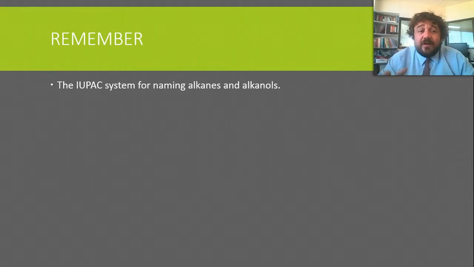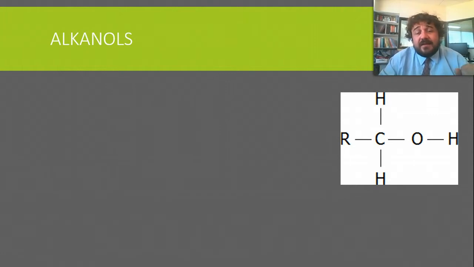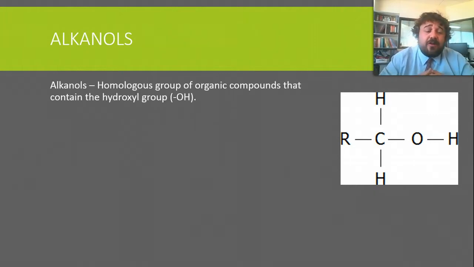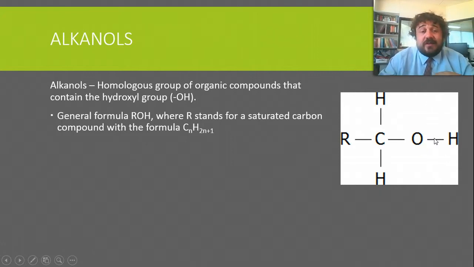You need to remember the IUPAC system for naming alkanes and alkanols, like methane, ethane, propane, and so forth. Let's start with alkanols. They're a homologous group of organic compounds with a hydroxyl group, which is this OH minus right here. The general formula is ROH, and R is the saturated carbon chain.